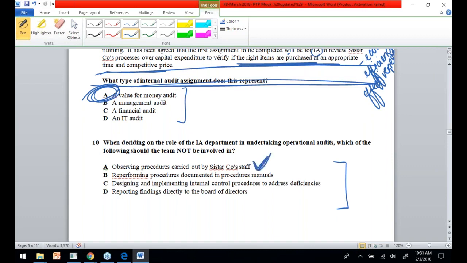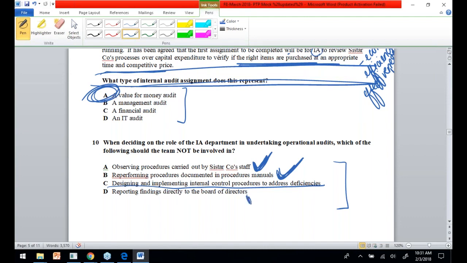This is correct because we do observe processes. Reperforming procedures documented in the procedures manual. That would be correct as well. We do reperform procedures.